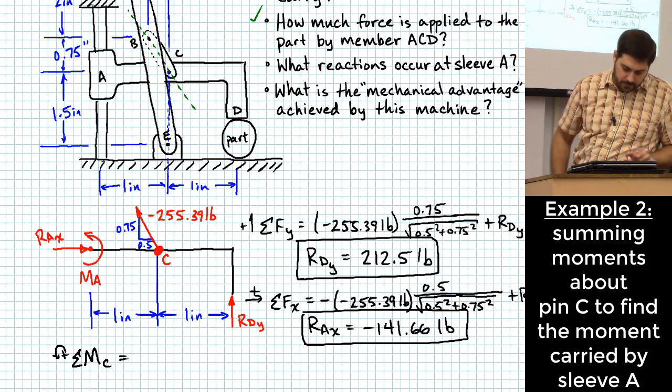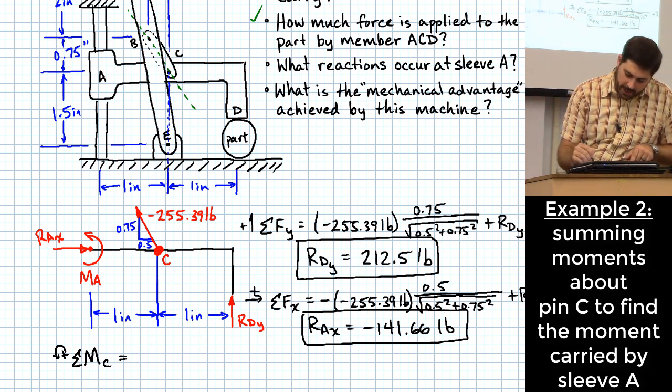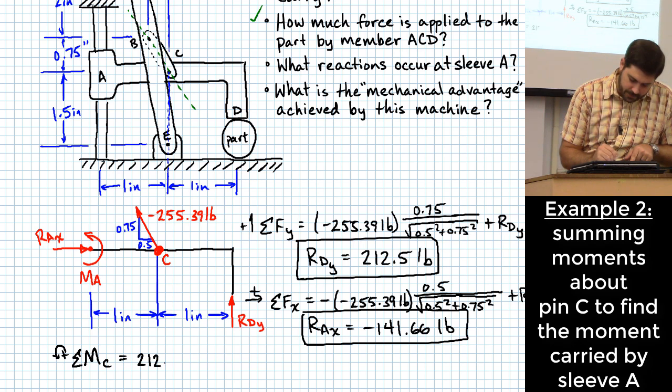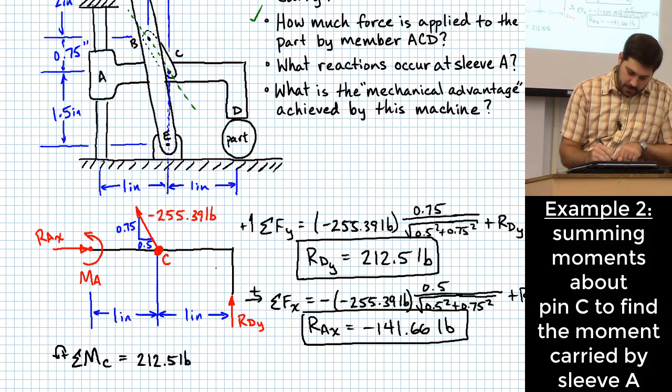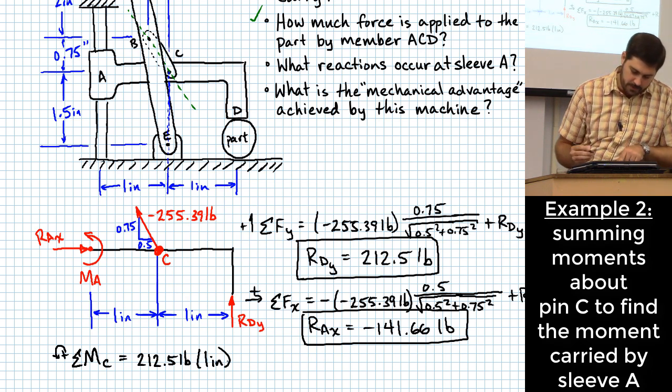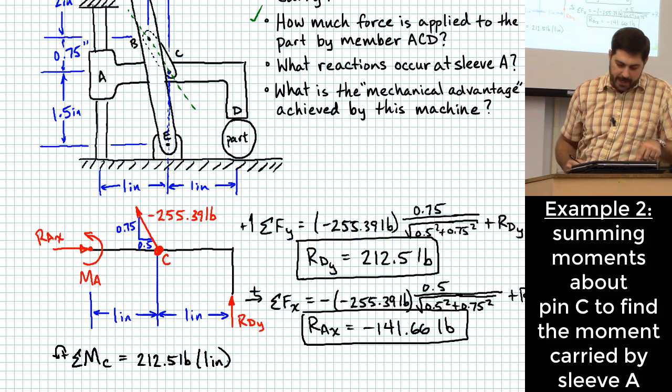Okay. What I've got for that is RDY, which is 212.5 pounds, a clockwise tendency to rotate at a length of 1 inch. RAX and the tension in link BC, neither of those forces will create moments around point C. And what do you do with MA? You just add it in.